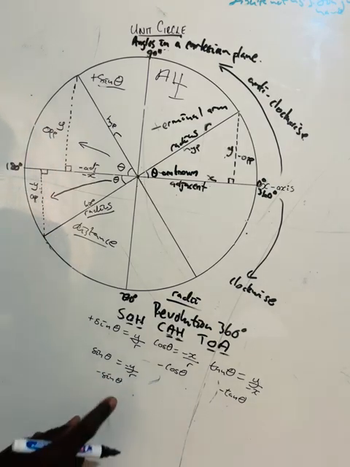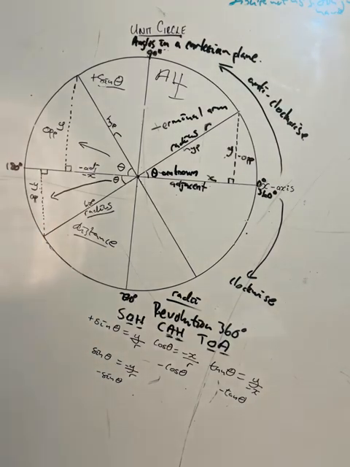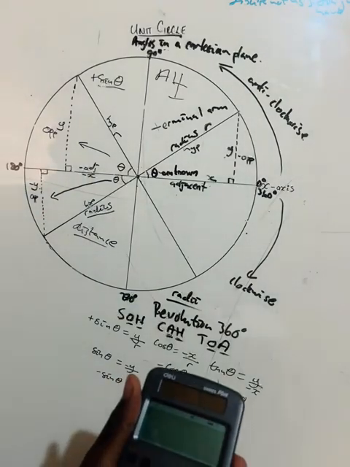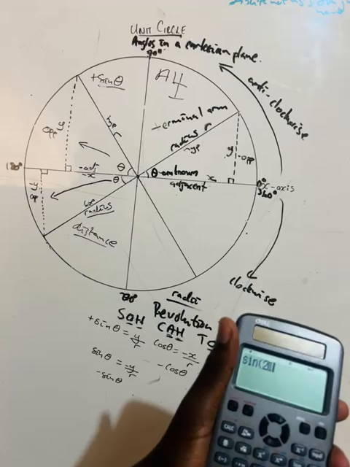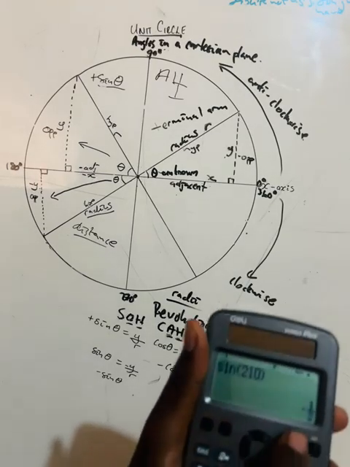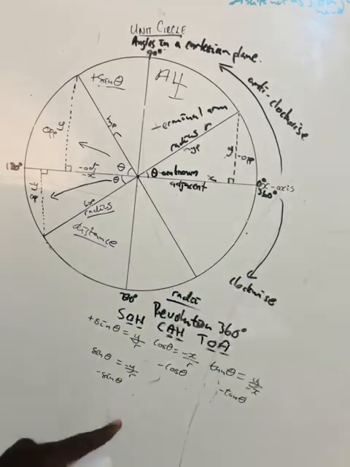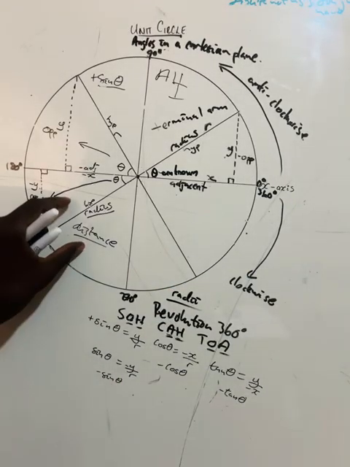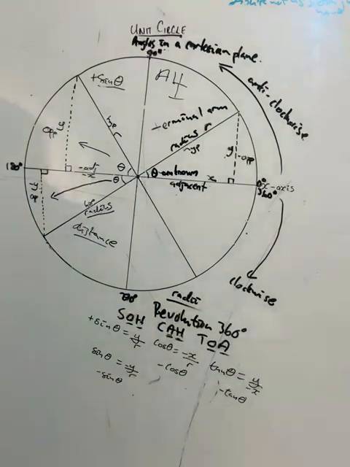For values between 180 and 270, when you punch your calculator, it will give you a negative number. Let's investigate. If I say sin 210 degrees, what do I get? Observe, I'm getting a negative half, which confirms that sin is negative here. Let's continue.